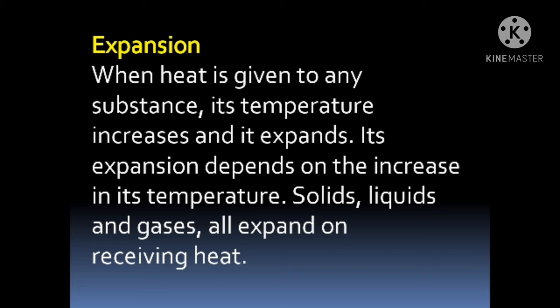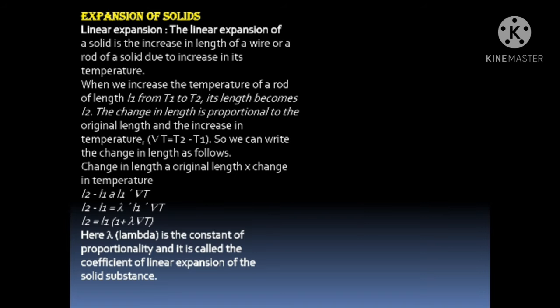Listen carefully, students, so as not to get confused. Whenever we heat an object or supply heat to an object, it expands, and whenever we make an object cold or bring it to room temperature, it contracts. So on heating it expands, on cooling it contracts.